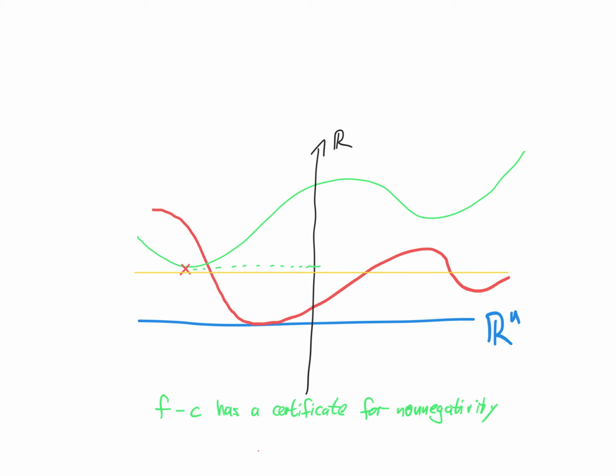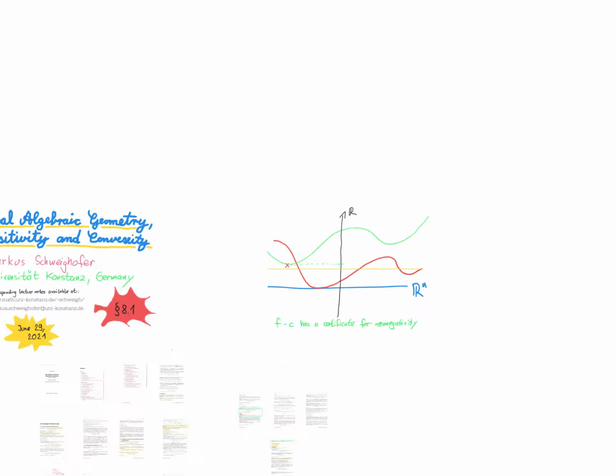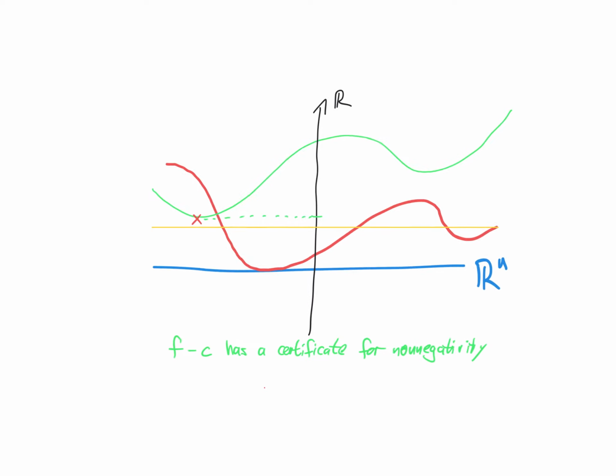Look again at example 5.48. The bigger the degree has to get, the bigger my semidefinite program becomes. Okay, so that's one problem with Schmüdgen's theorem.